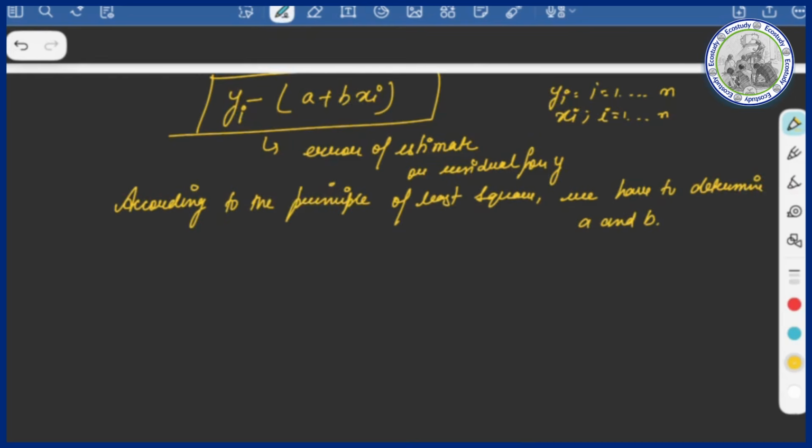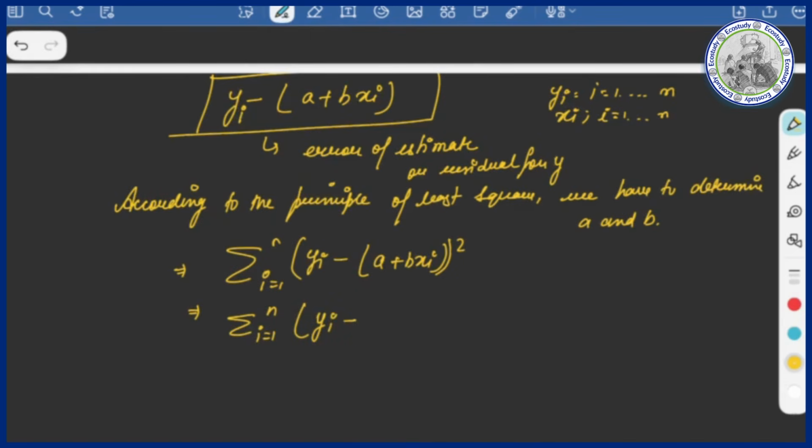So we minimize this error term, and by minimizing we get the best values of a and b, because a and b should be the values that minimize the error term. So we will write it for all values. That will be the summation from i equal to 1 of (yi minus (a plus b xi)) squared. Just remove the internal bracket and we get (yi minus a minus b xi) squared.